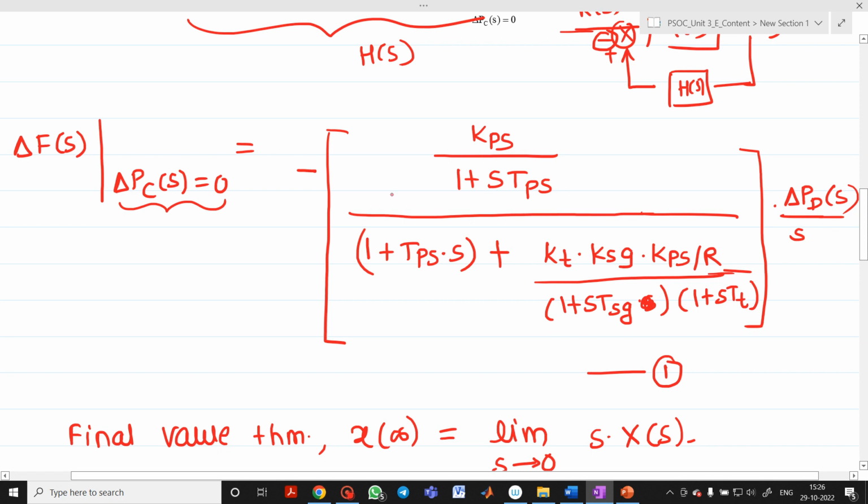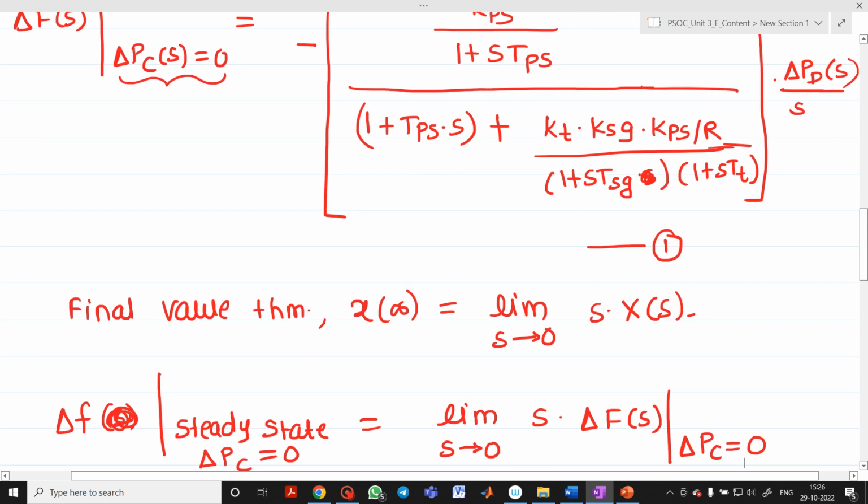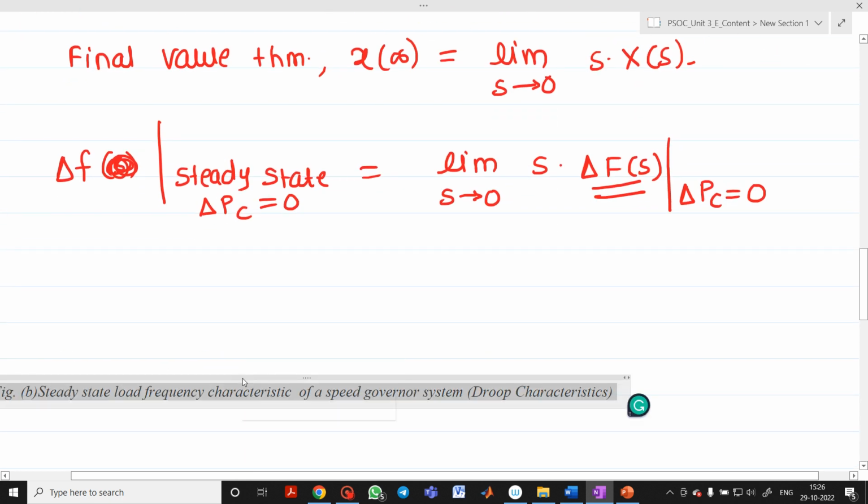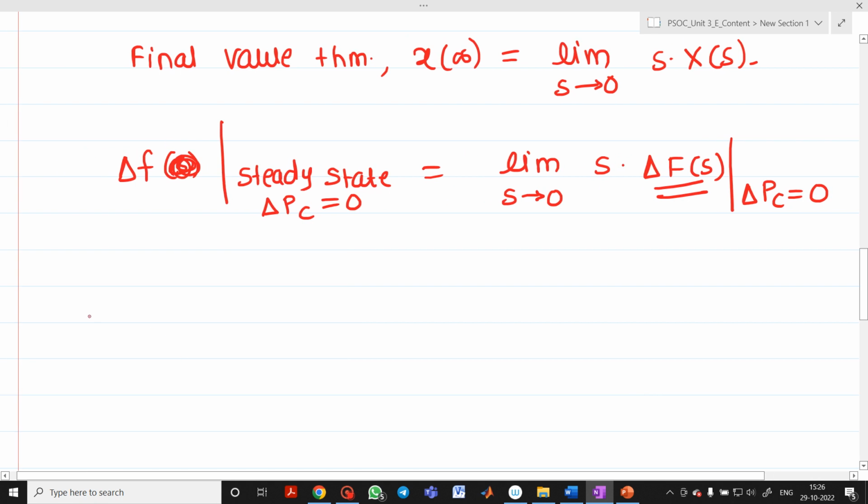So we know what is delta f of s when delta pc equal to 0. This right hand side term you have seen, so this right hand side term will be equal to this. So let me write this expression. Let me write this first, which will be equal to limit s tends to 0. So here this s will be as it is. Okay. And what is delta f of s? Minus.